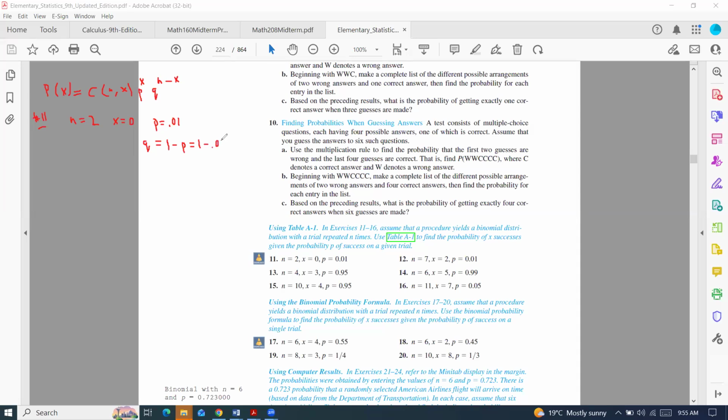The complement is 1 minus p, so it's going to be 99% in this particular case. Of course, it's not rolling a die, it's something else, but just to give a better example. So 99% is the chance that you don't get it, and 1% the chance that you're going to get it. So they're always going to be complements of each other.